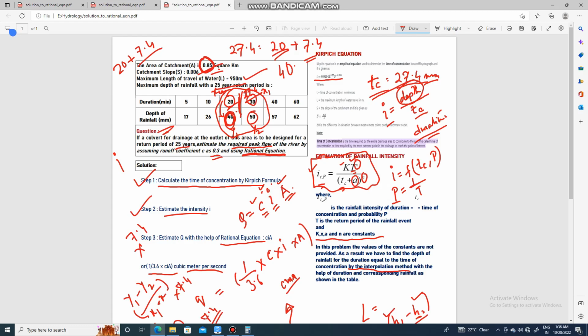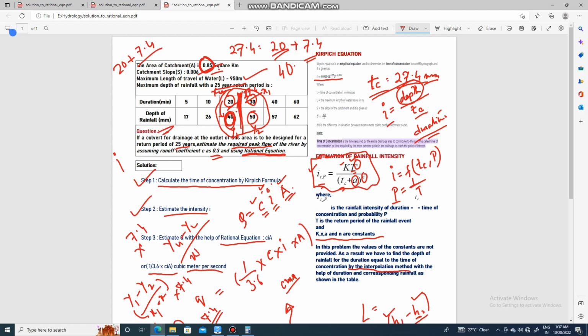This is the interpolation. So let us first find the slope. Slope is defined by y upper minus y lower divided by x upper minus x lower.